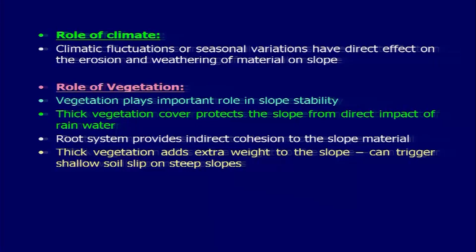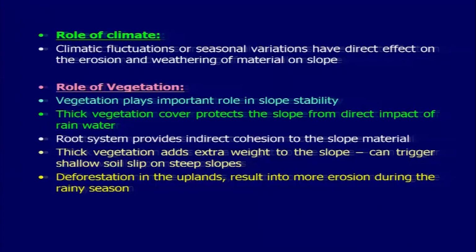Thick vegetation, however, will add extra weight to the slope, and this can trigger a slip in the shallow soils. Deforestation in the uplands can result in more erosion during the rainy season, and that can also trigger the landslip. So these are a few very important points which we feel are trivial but can be dangerous.